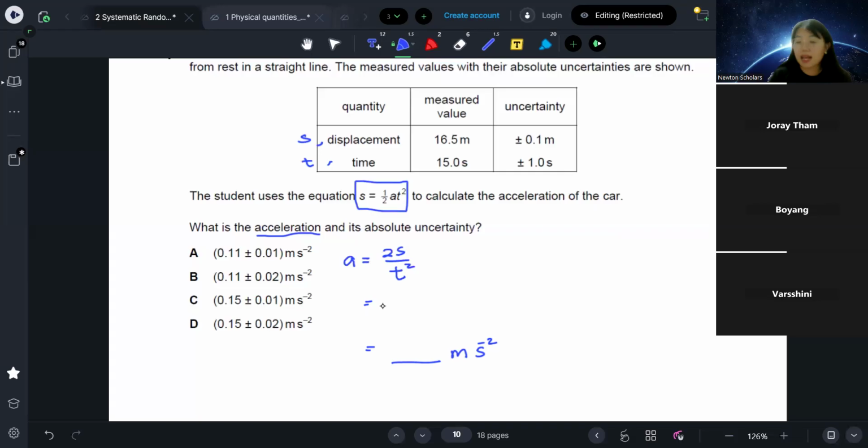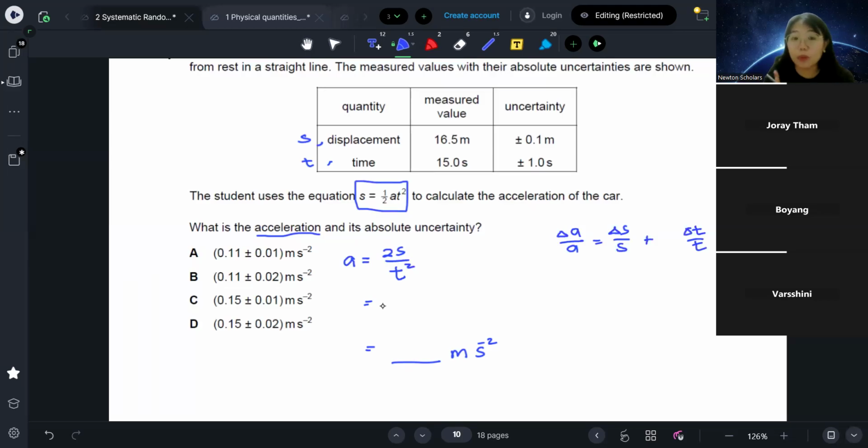But before that, I want you to find the fraction. So the fraction for a will be, you see, s divided by t. That means this is division, so the data have to be divided. So I need to find their fractions and add them up together. So here, s divided by s plus t divided by t.